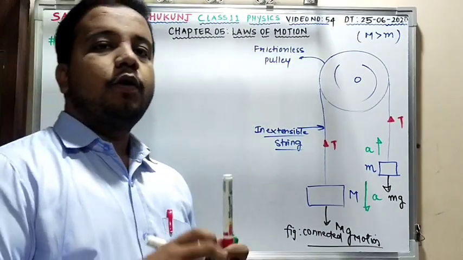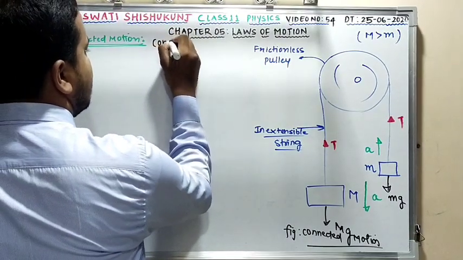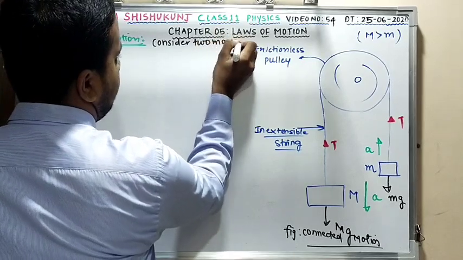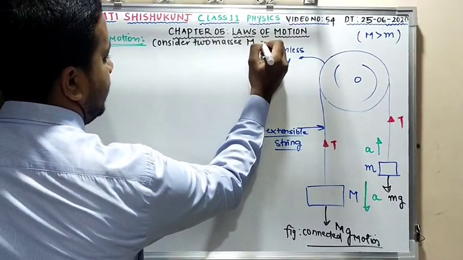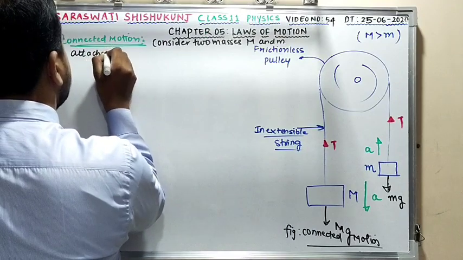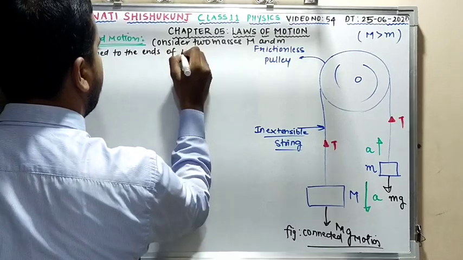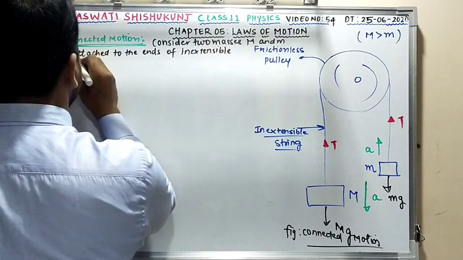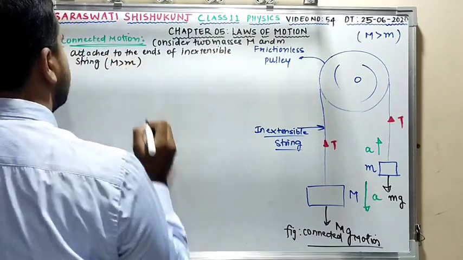Now tell me what we have taken over here. Consider two masses. Which two masses? Capital M, small m, attached to the ends of an inextensible string, provided capital M is greater than small m.